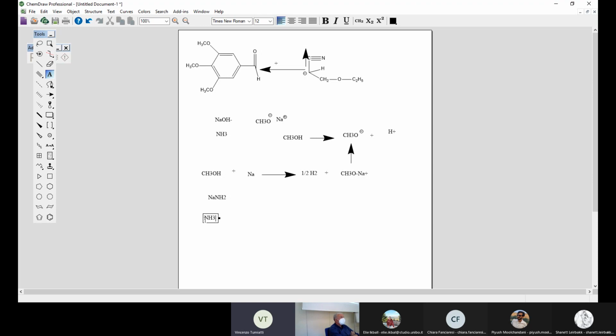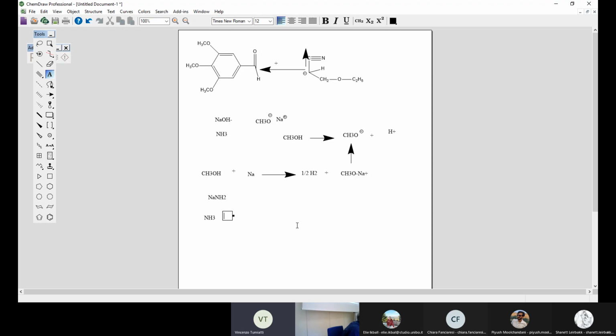NH3 is a base. It is not an acid. How can we transform this base into an acid? We can make a reaction in liquid ammonia. We have liquid ammonia at minus 80 degrees.